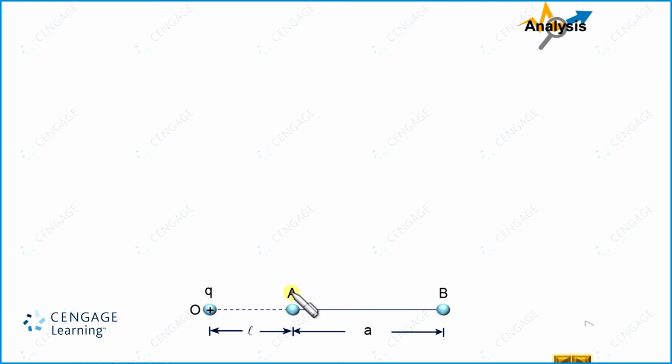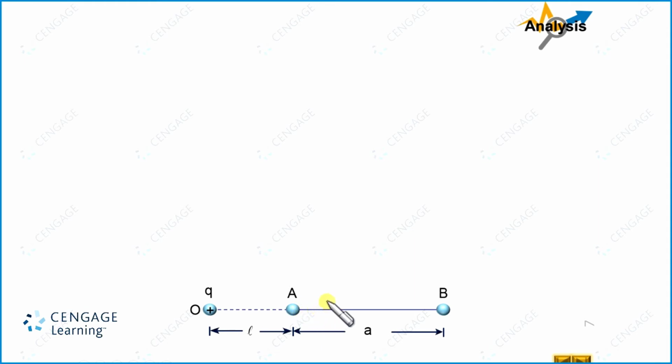We can observe here sphere A and sphere B, and this conducting wire is not having any initial charge. If we take A and B and the wire as a system, that means the net initial charge of the system is equal to 0. Now what happens if we bring this charge small q near this system?